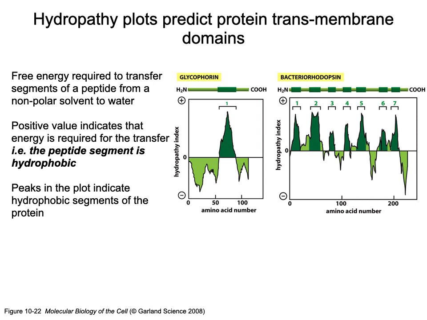And so if we end up with a positive, which is shown in the darker green, that would indicate that that region would be hydrophobic. Okay, and so we would predict that that would be a transmembrane domain. So we can see that bacterial rhodopsin has a number of these transmembrane domains that are predicted.